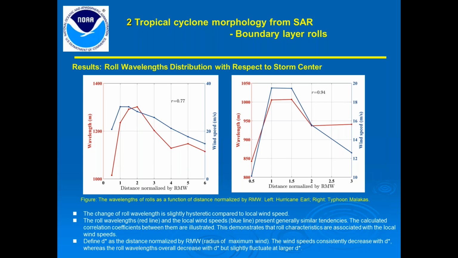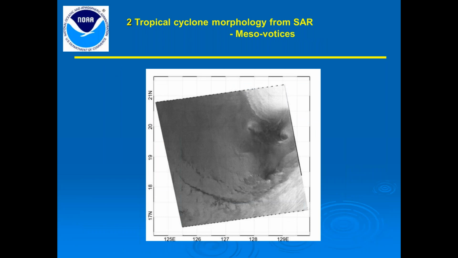Just do the FFT across the image and you can get the boundary layer roll distribution. Again, boundary layer roll distribution can be easily retrieved from the SAR hurricane image. But the most important, the wind distribution, is pretty hard, as you can see as I go along with this talk. Okay, so this is something that we can think of down the road.